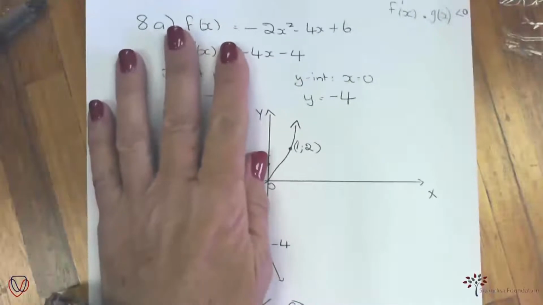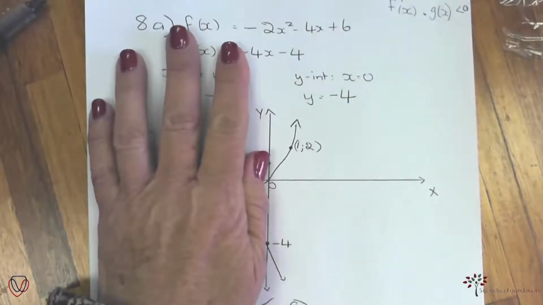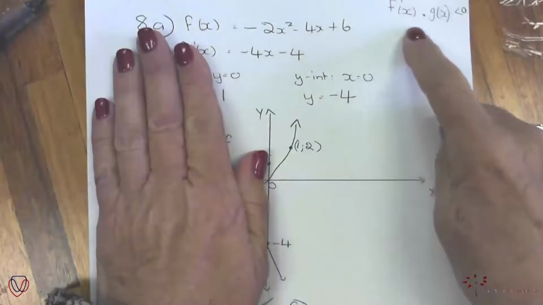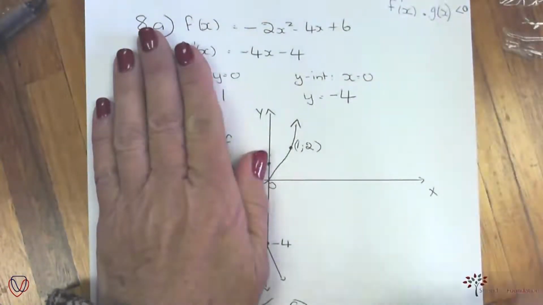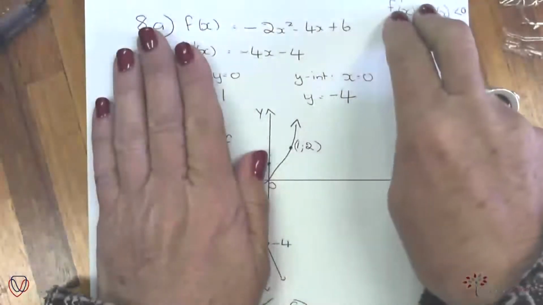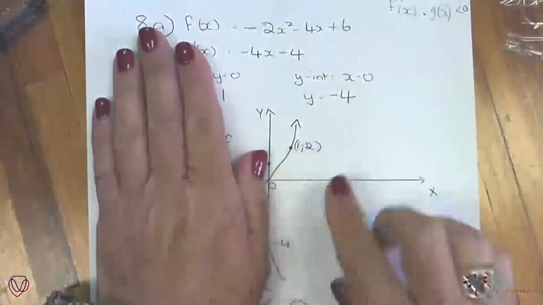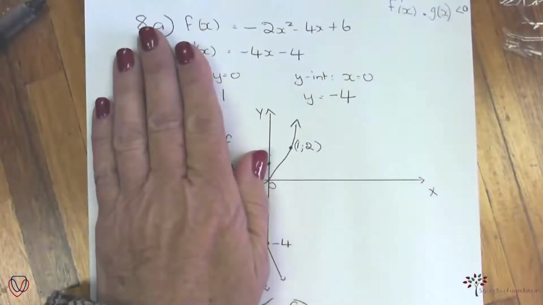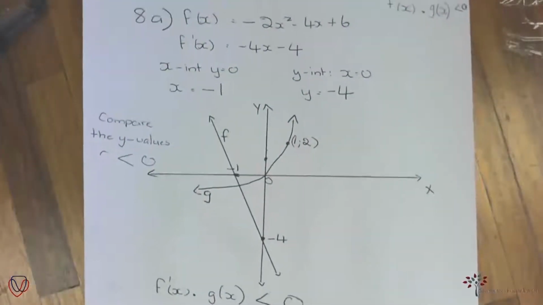Can you see that? Sorry, I'm disturbing the paper in order to try to explain to you. A positive times a negative, smaller. So this question here, the product of the y values of these two graphs must be smaller than 0, positive times negative. So from 0 onwards, the product will also be smaller than 0. So there's the two answers.